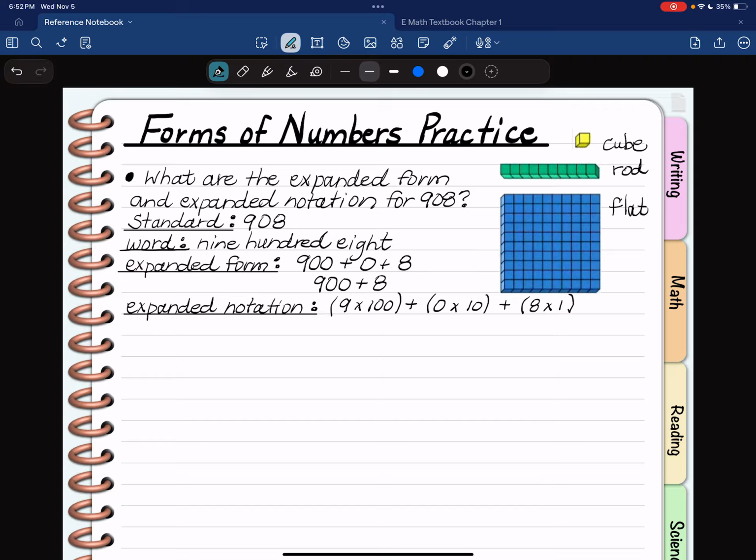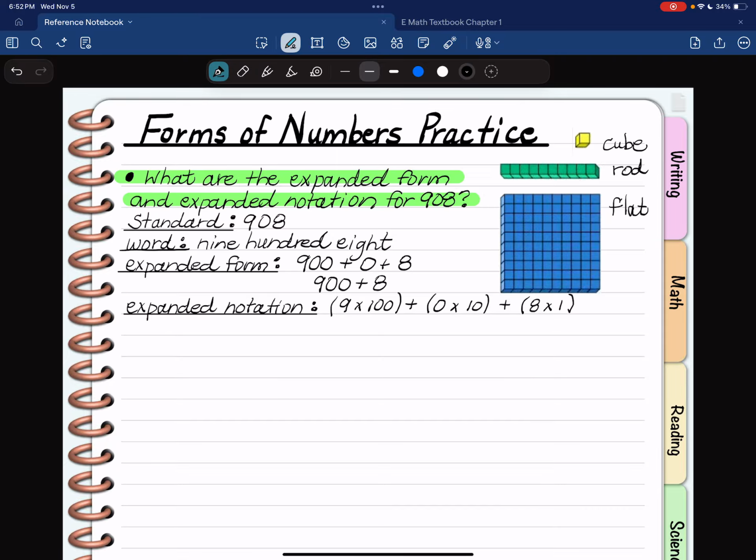And that is called expanded notation. And if you want to, I always like to highlight my question. What are the expanded form and expanded notation for 908? And we've given more answers than we need, but that's okay. I would rather have more than not enough.